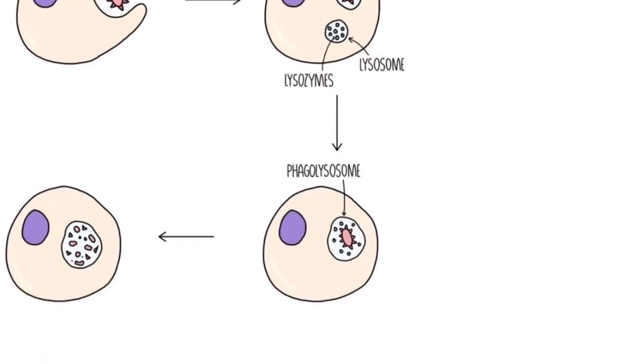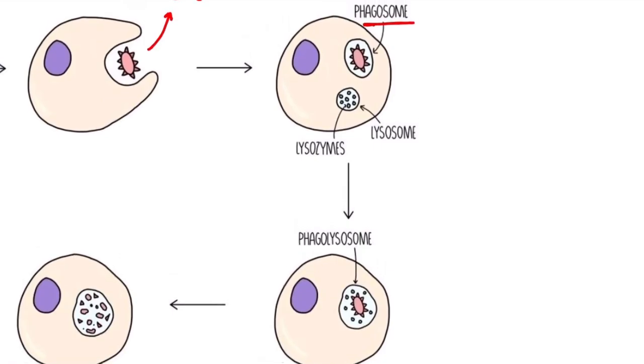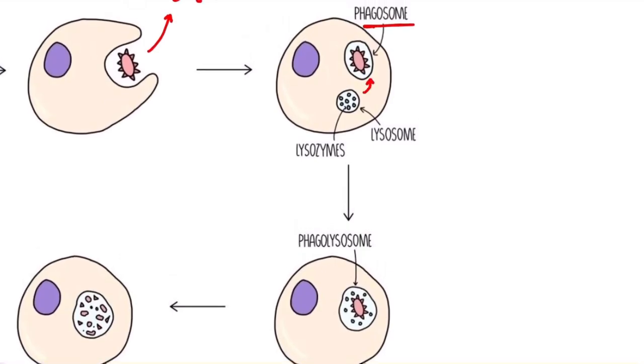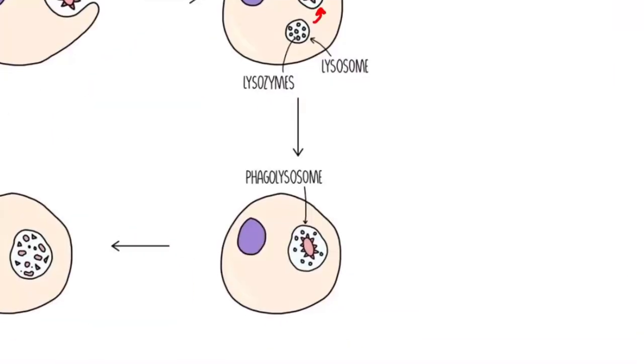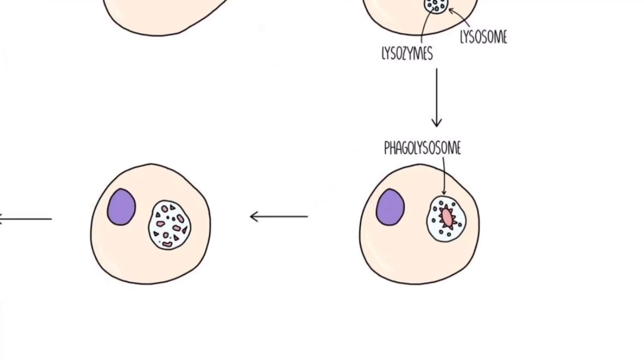The lysosome approaches the phagosome vesicle and fuses with it, and you form a phagolysosome. You don't need to know that term. You just need to know that the lysosome fuses with the phagosome vesicle. As you know, the lysosome has lysozymes, hydrolytic enzymes, within it. Those hydrolytic enzymes break down the pathogen.